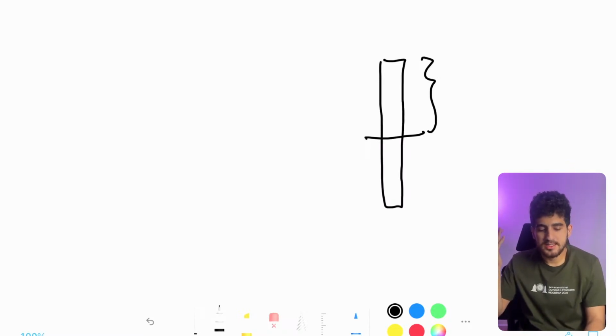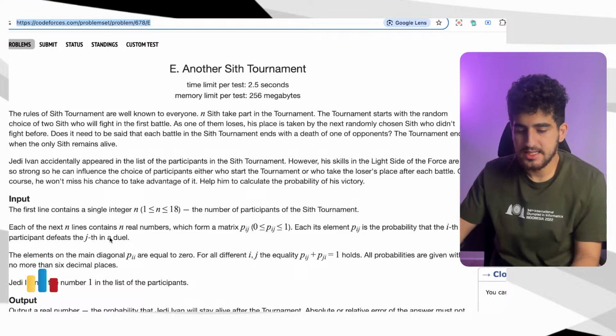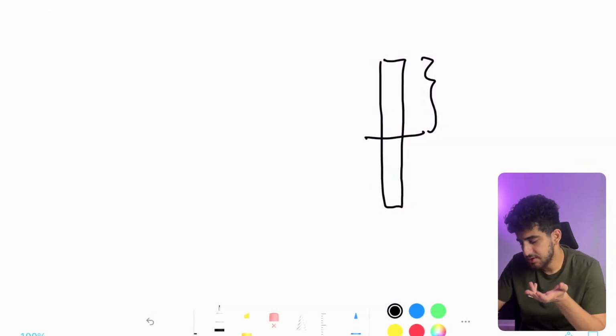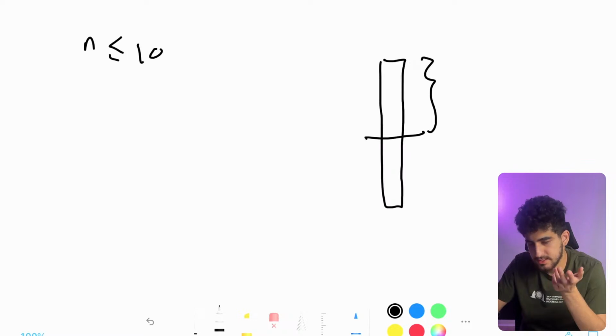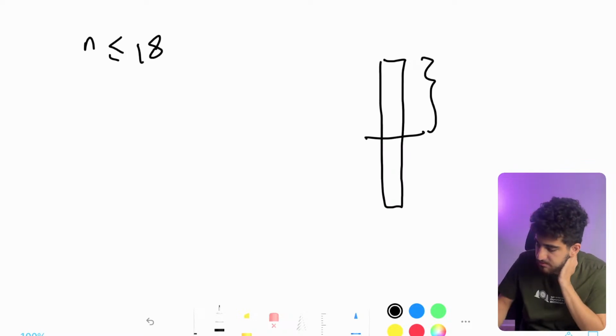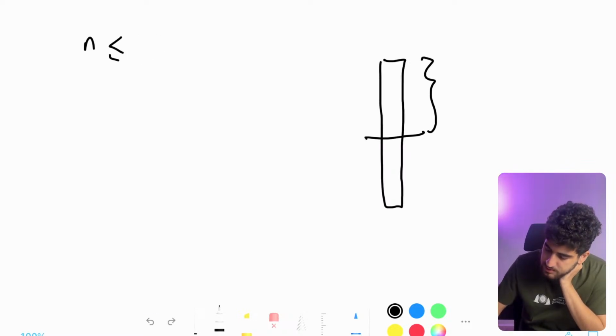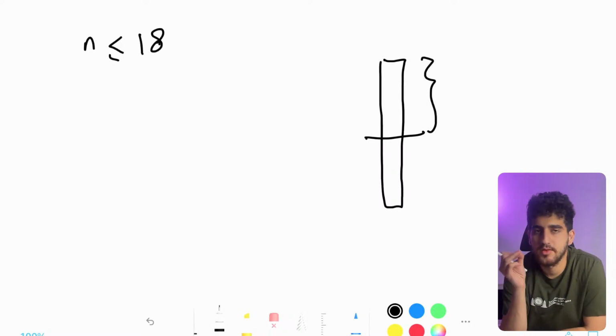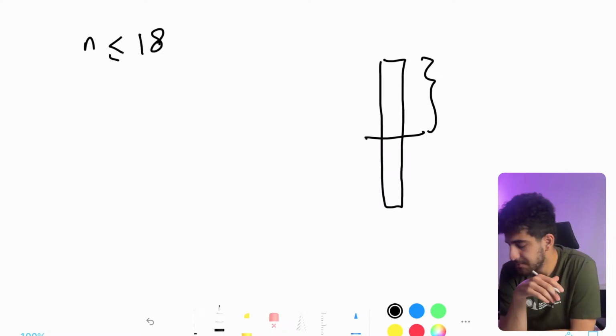If you take a look, you see that in this problem N is at most 18, which again gives you a hint that you can use bitmask, like what I said on the previous problem. Usually when the limit on N is very small, it hints that you need to use bitmasking.